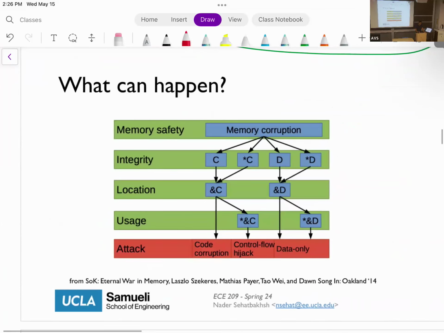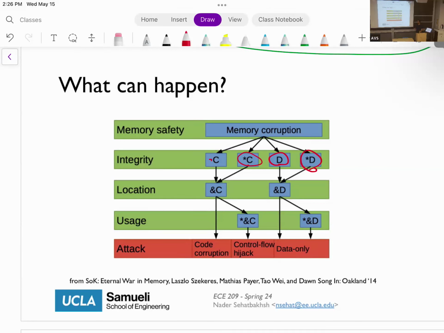This is another table that's showing the exact same thing. Essentially, you can think about the problem as the integrity problem. Okay. So with memory safety, one way or another, you corrupt the memory, either using spatial or temporal errors. Then you can change the code, change the pointer to the code, change data, or change the pointer to the data.